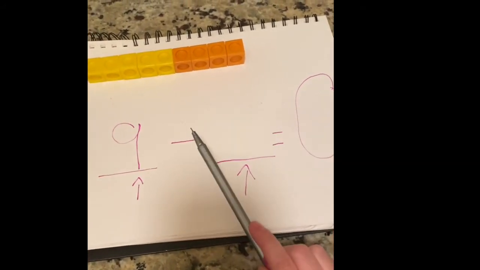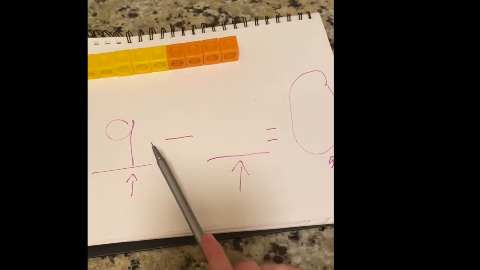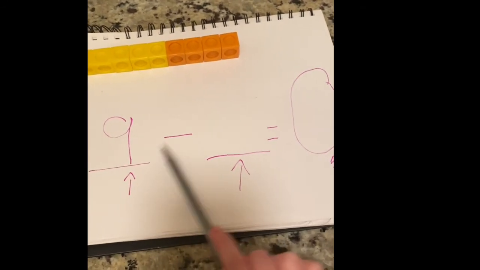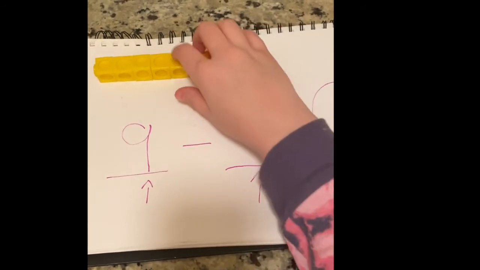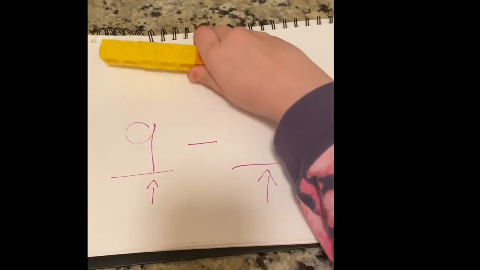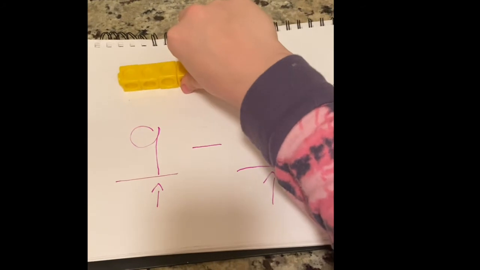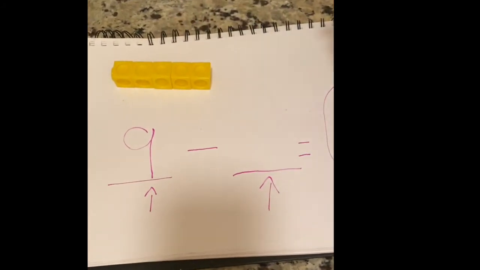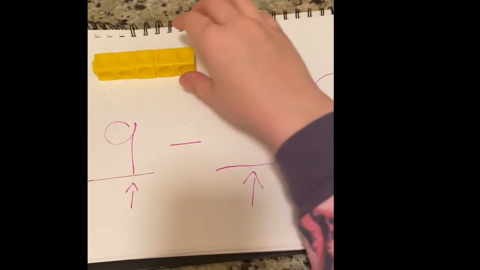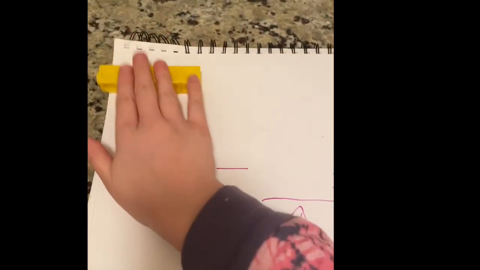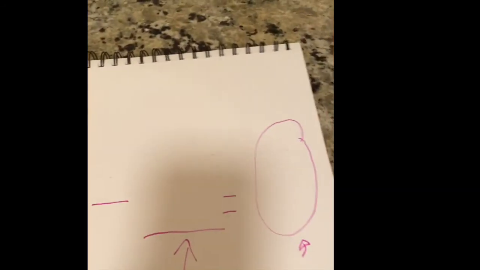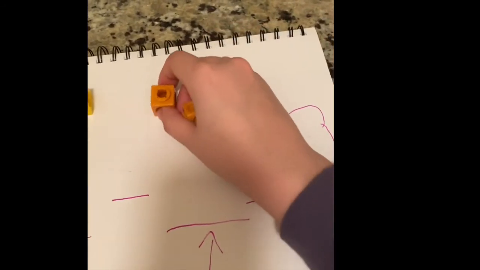And what we want to figure out is the amount we are going to be subtracting, so separating from 9. And for this, with our Unifix cubes, the amount we're going to be subtracting is the side color. So this orange color is what we're subtracting. And this is what's going to be left over, so that's going to be the final number. But right here is the amount we're subtracting.